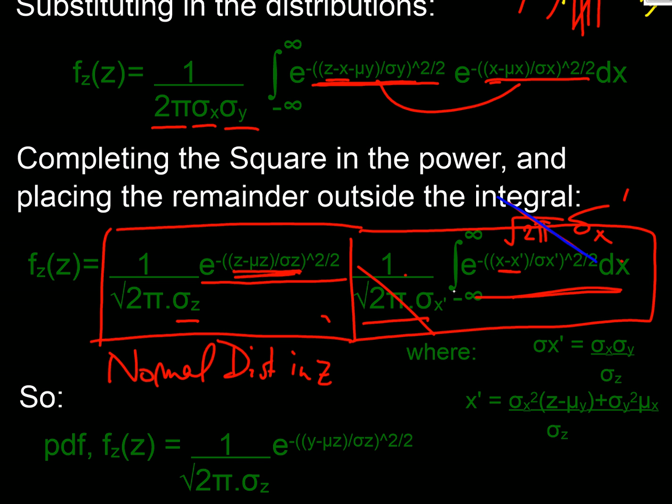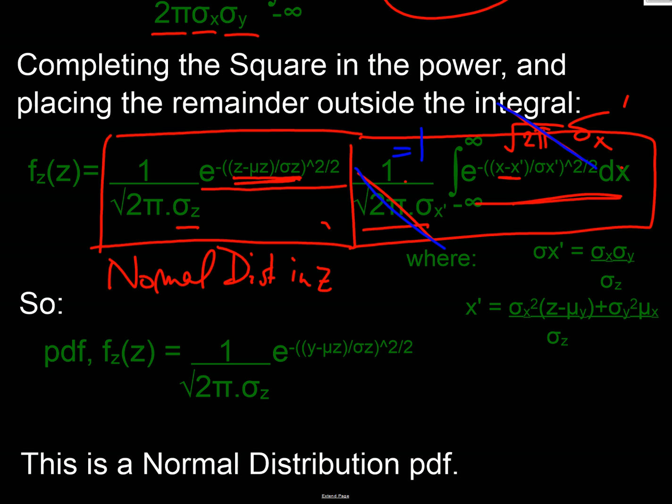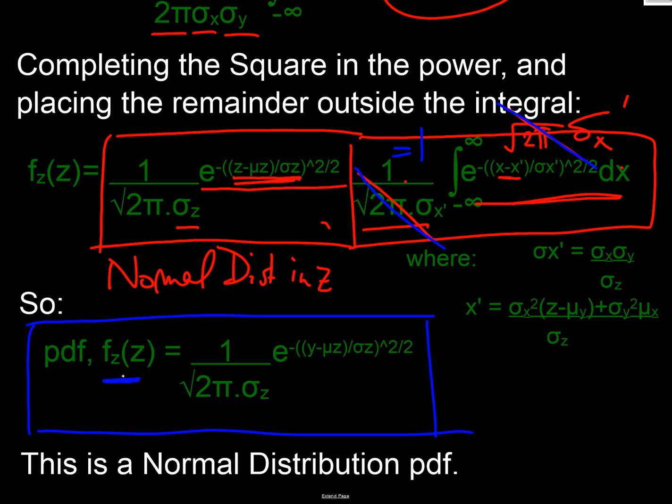Those two are going to cancel out, so this has got a value of 1. And therefore we find that the PDF of our combined distribution is this PDF here for z, for our combined value, which is a perfect normal distribution. So therefore we've proved that if we combine two normally distributed variables in a form, we get another normally distributed variable.